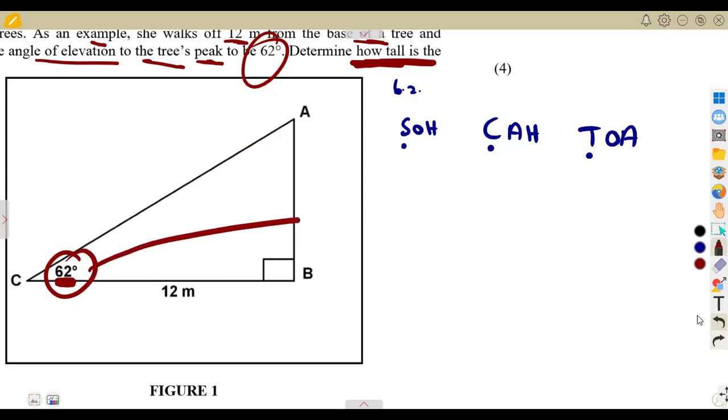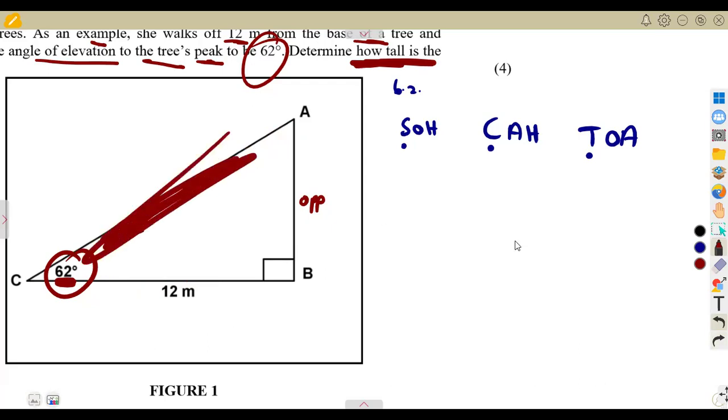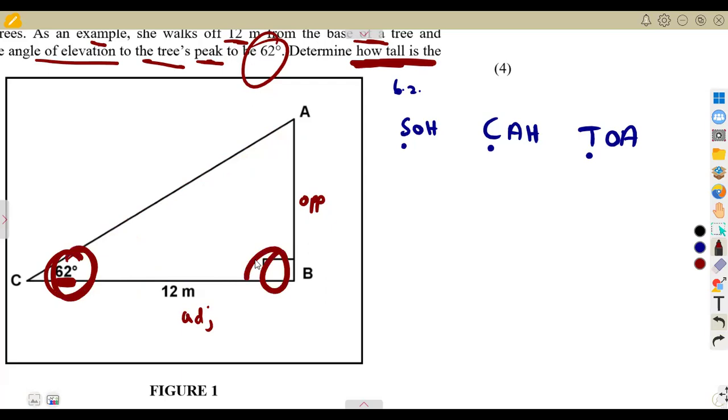It faces 62 degrees. So we have got the opposite. What about the 12 meters? This side is the adjacent side. Remember, guys, this is the hypotenuse, the one that faces the 90 degrees. So the last side is the adjacent. The angle and the 90 degrees are adjacent to each other.